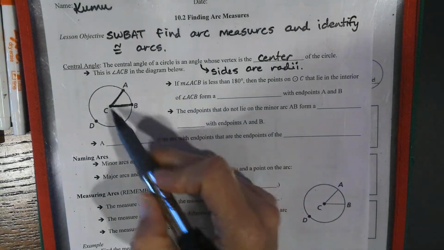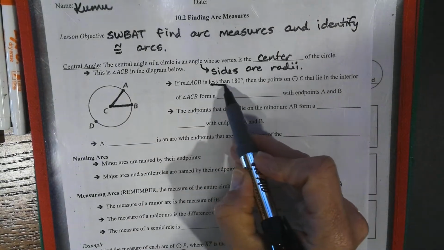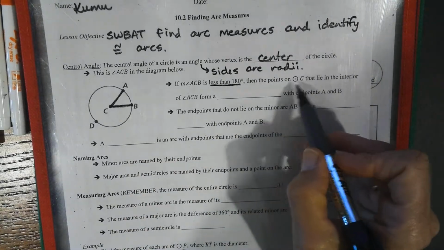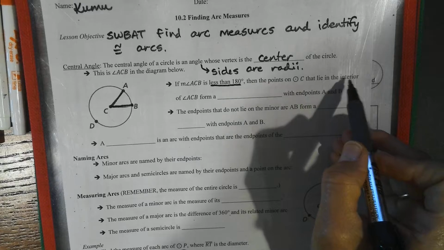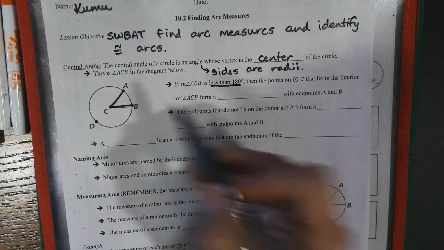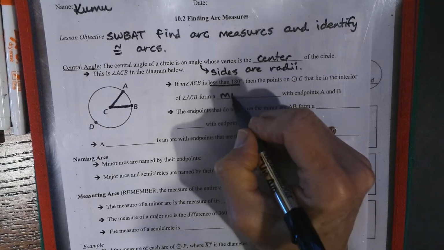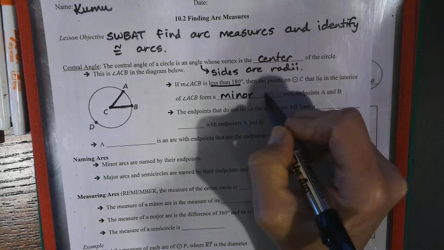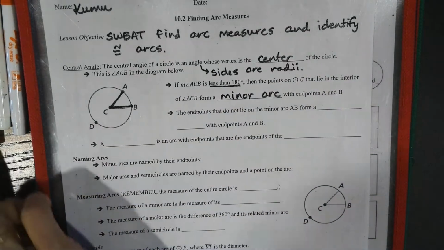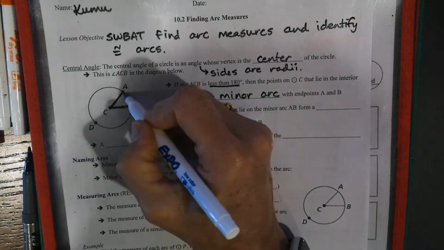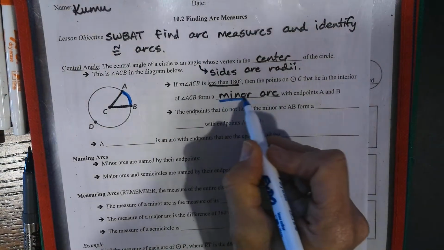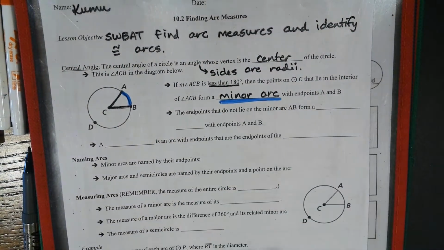If the measure of ACB is less than 180, which you can tell it's small, then the points on circle C that lie in the interior of ACB, and interior means inside here, they form what's called a minor arc with endpoints A and B. So my minor arc, I'm going to make blue. This is my minor arc. It just means less than 180.